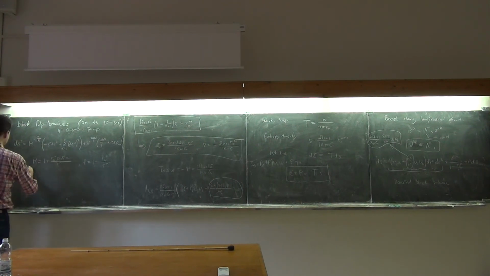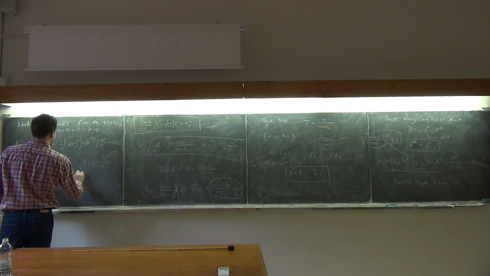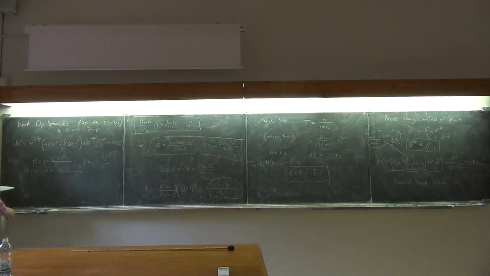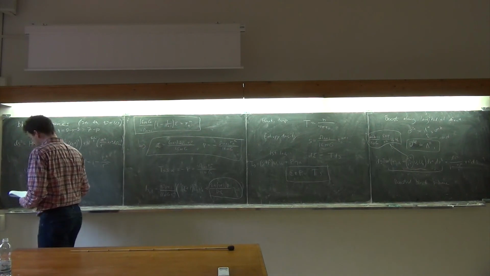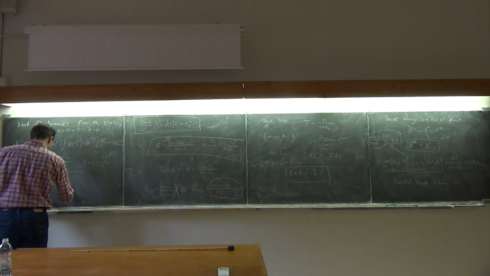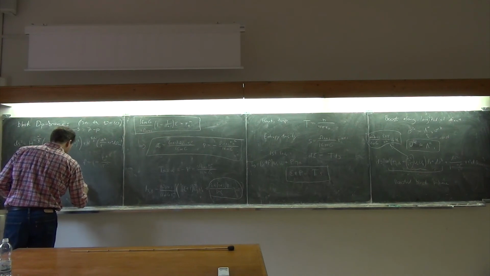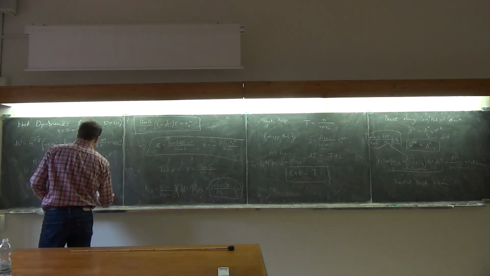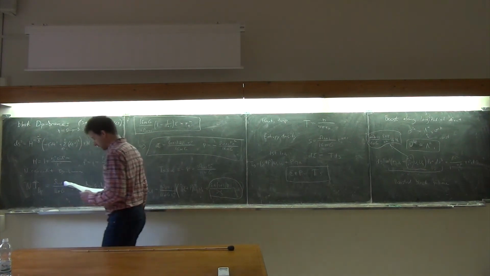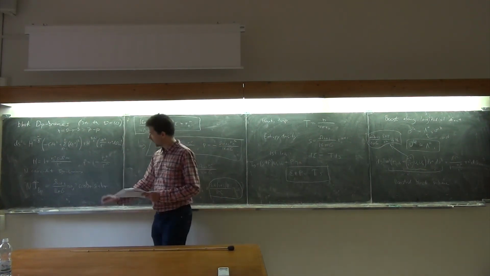So this is the metric for N coincident Dp-branes, non-extremal. And you can also relate the number N of Dp-branes to these quantities that I used here. I'll not say why this is and all that. I'll just say that this is how it is, and then you have to believe me.